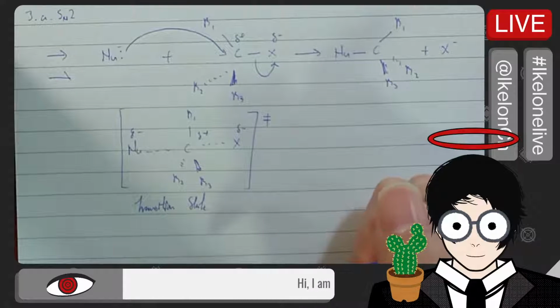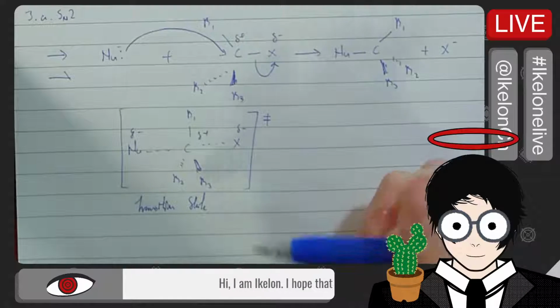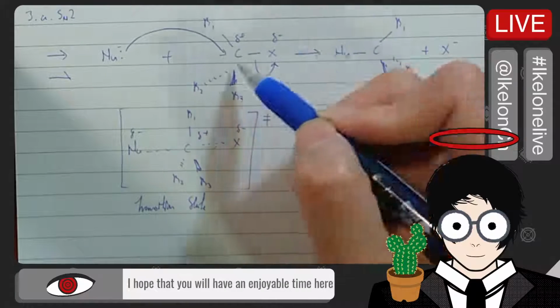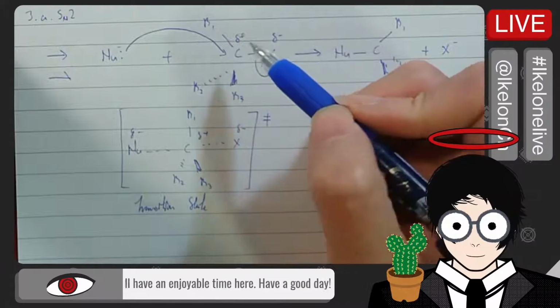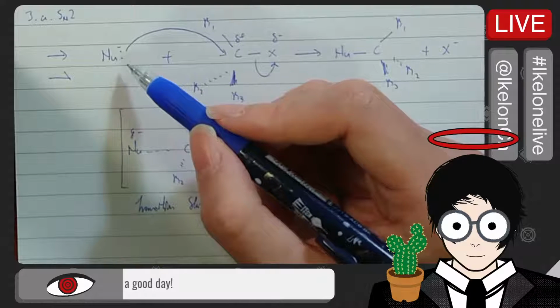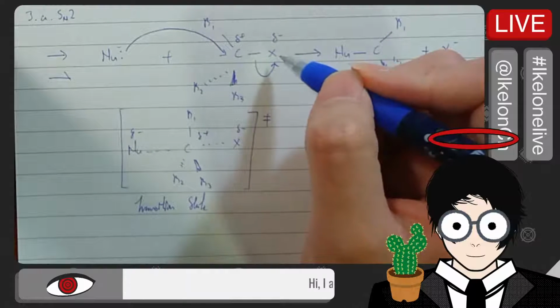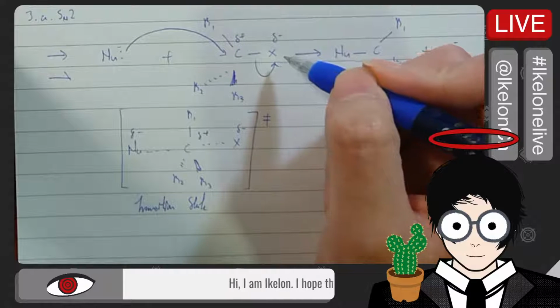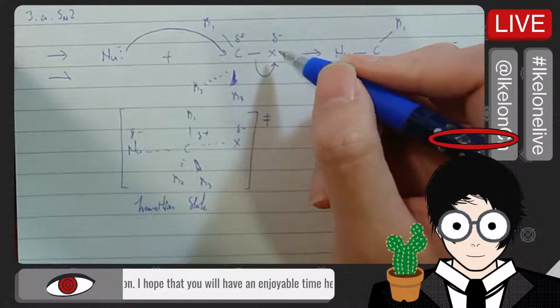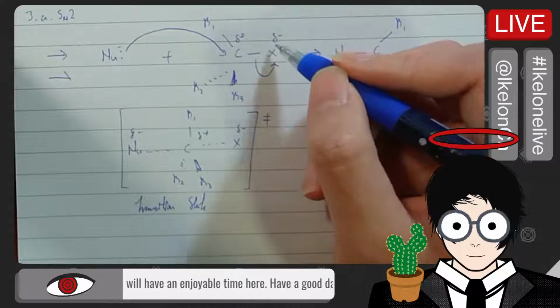So the question we would ask is, why did the nucleophile attack from this side and not from, let's say, this side? Well, the reason is because the nucleophile is negatively charged, and our halogen is also, well, partially negatively charged, right? Delta minus.